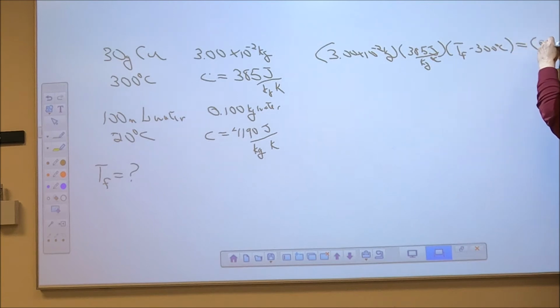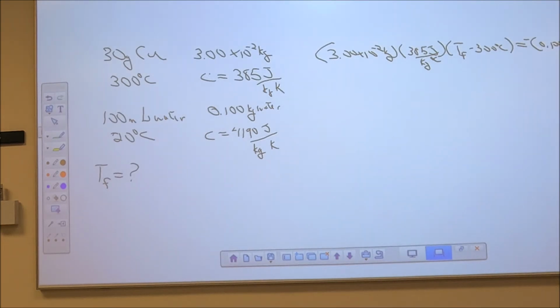That has to equal 0.100 kilograms times 4,190 joules per kilogram degrees C, T final minus 20 degrees C. Okay, and there's a negative sign here. So let's start playing with the math.